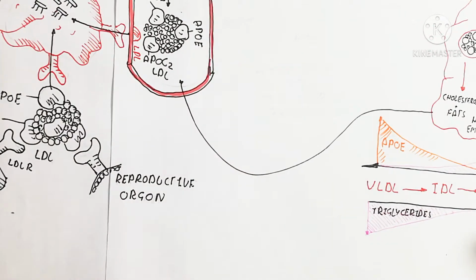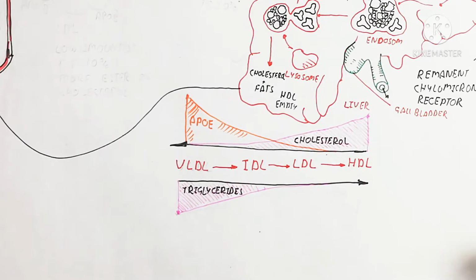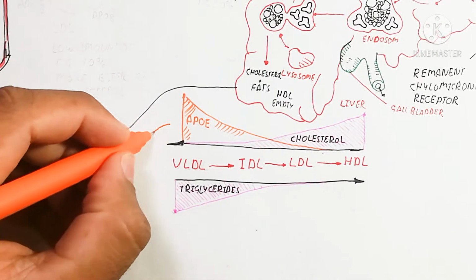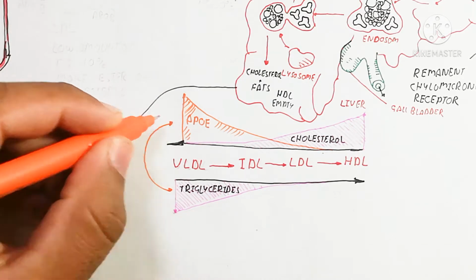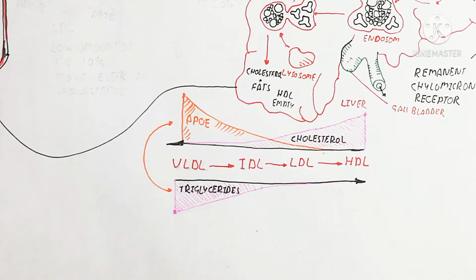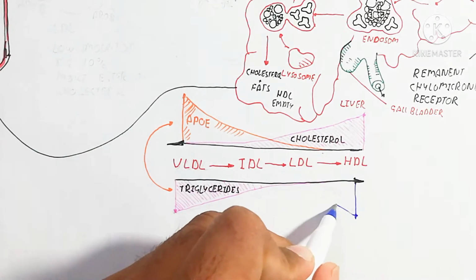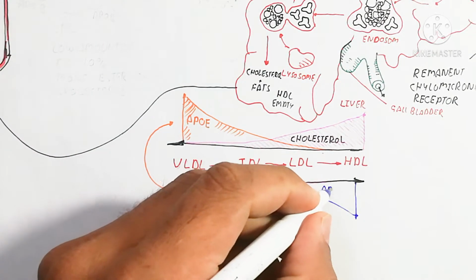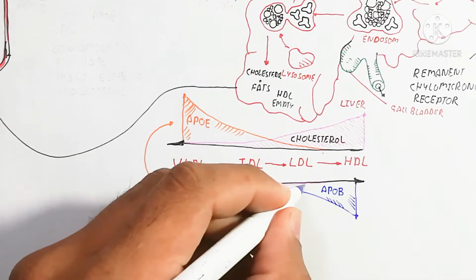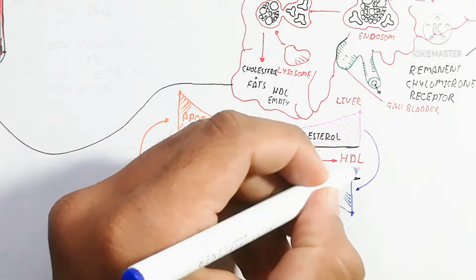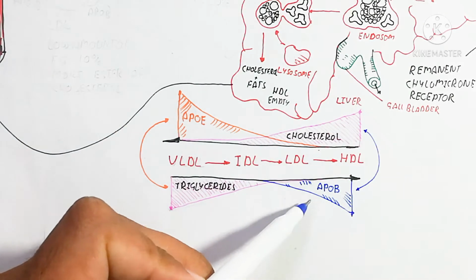Why? Because it donates the cholesterol to the ApoE site. So the donation decreases when the cholesterol is received. It means the HDL contains a high amount of cholesterol. So the cholesterol absorption from the tissue is through the ApoE, so the ApoE will be decreased.